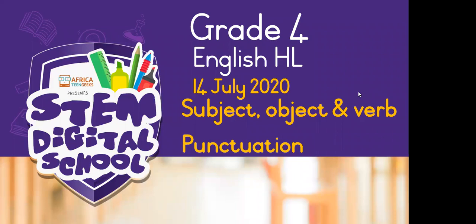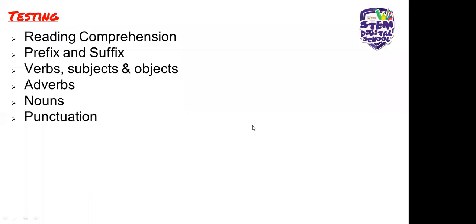Today we are going to do subjects, objects, and verbs again, and then recap the punctuation that we did last week. It is because of the testing next week, Monday. So this week, we're just going to recap everything, so I'm completely comfortable that you're completely comfortable.